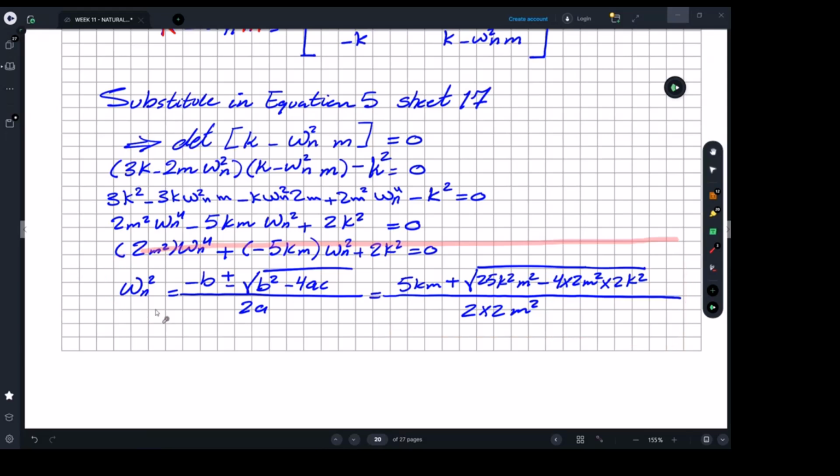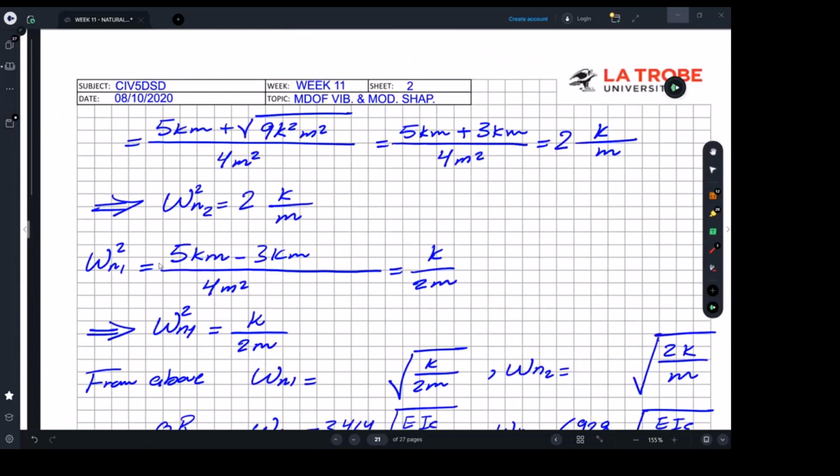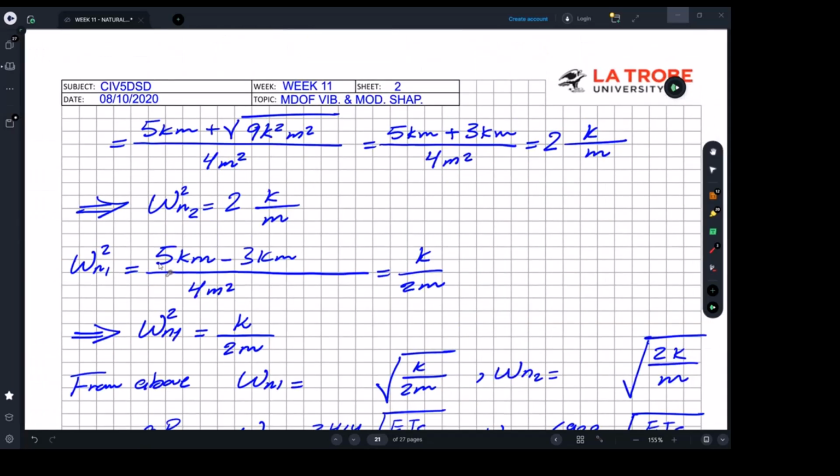And we all know that we typically have 2 solutions for the natural frequency because we have 2 mode shapes anyway. All right, so we then come to this.